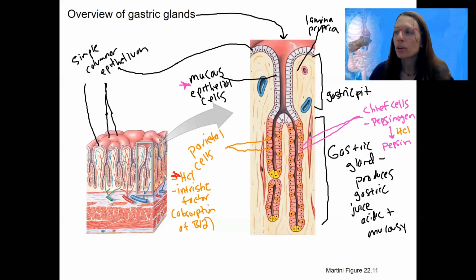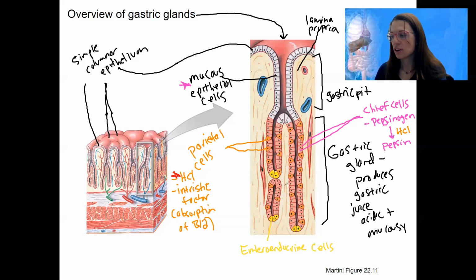Okay, last cell type are those yellow ones. These are hormone producing cells. The more technical name for those is enteroendocrine. So enteroendocrine, enteric, right? That's for the enteric nervous system, referring to the stomach, and endocrine.